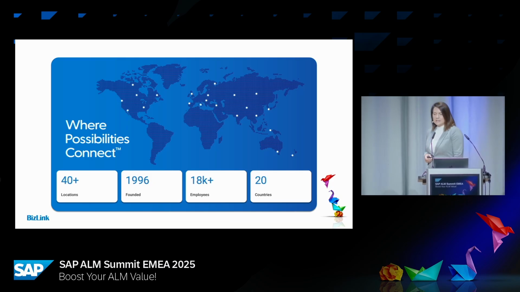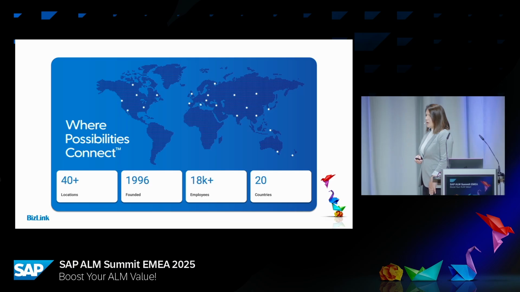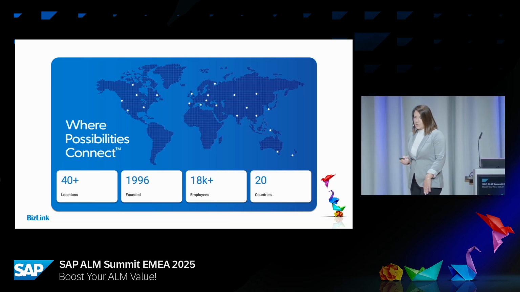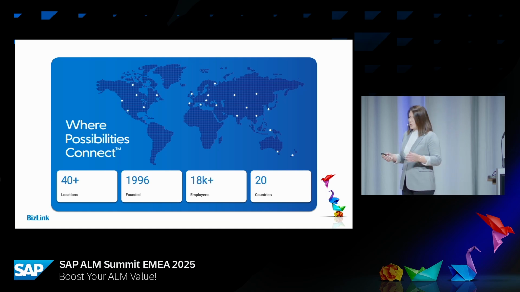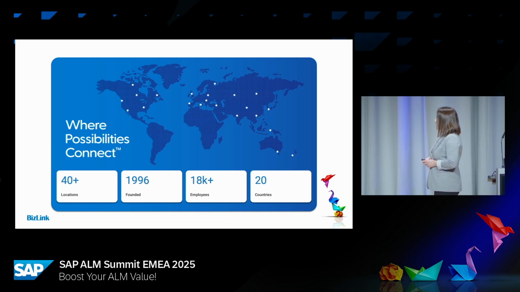BizLink is a manufacturing group with worldwide presence and over 40 locations. Many of them were gained over time through acquisitions. This also means that we bring new companies into the group that already have existing ERP systems. What we do is B2B.